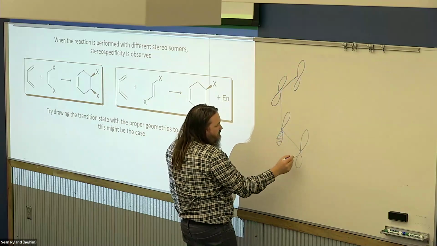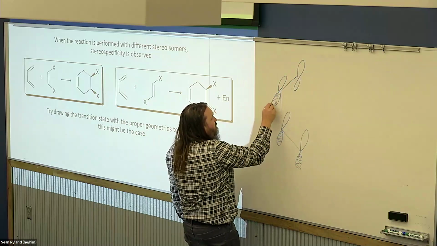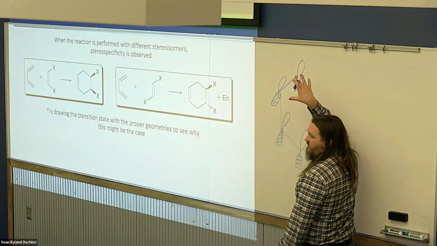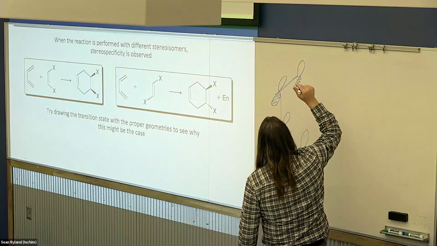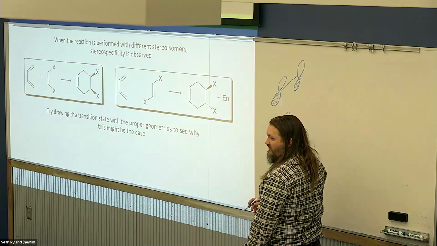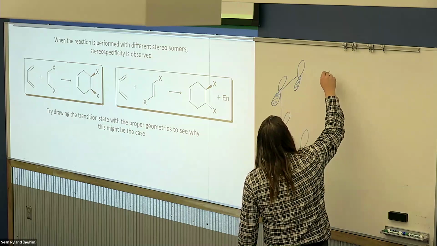And if we then bring our dienophile in from on top of the board, the dienophile also has a pi bond that looks like this cloud above and below, right?